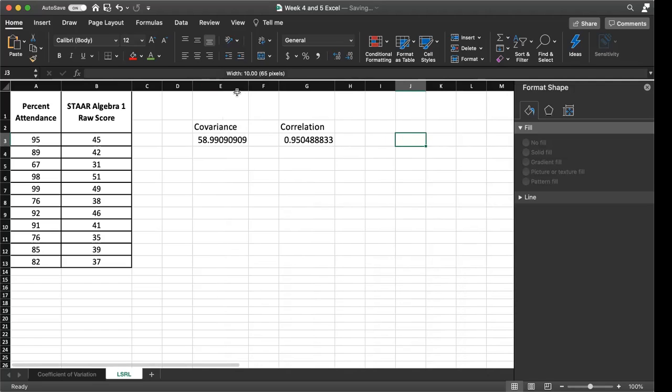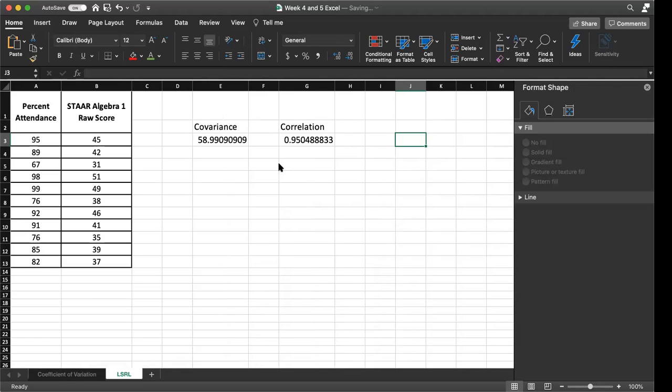If you look at their values here, R is 0.950488. What does that tell me? Well, it tells me two things. What's the direction of my data? Anybody tell me what the direction is going to be? Is it positive, negative, or 0? It's positive. Why is it positive? Because R is a positive value. R will always give you the direction like that, all right?